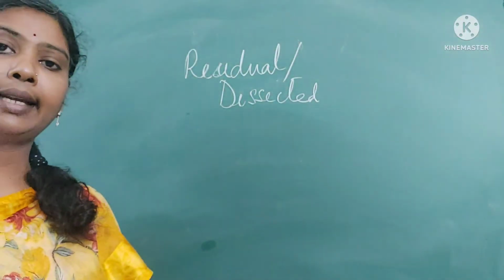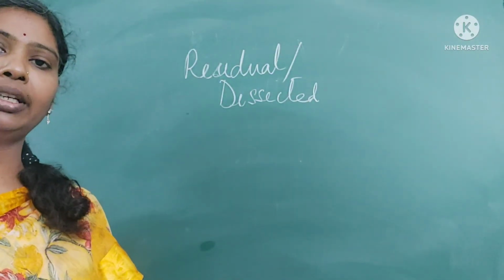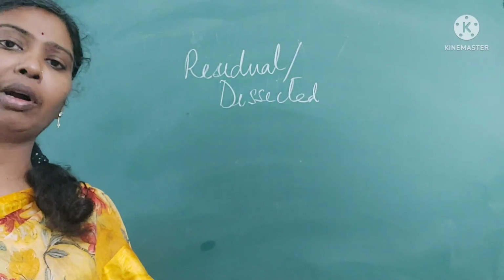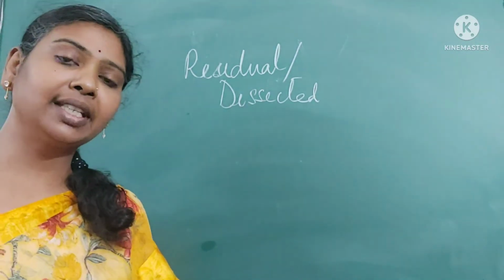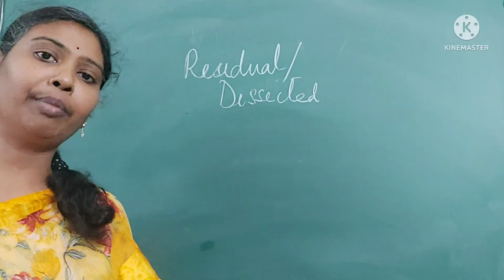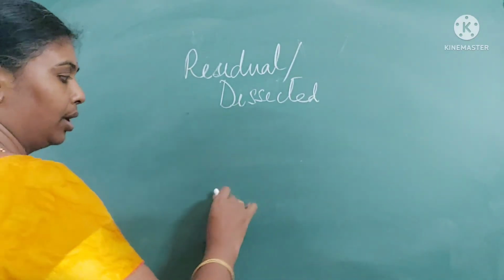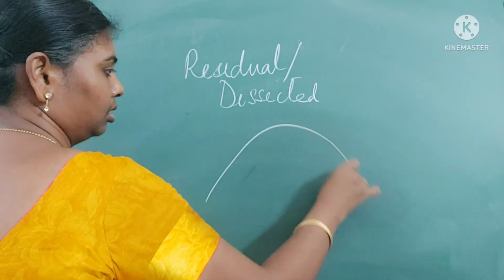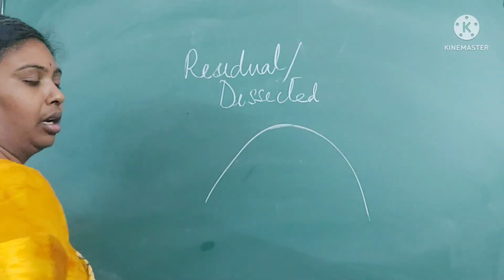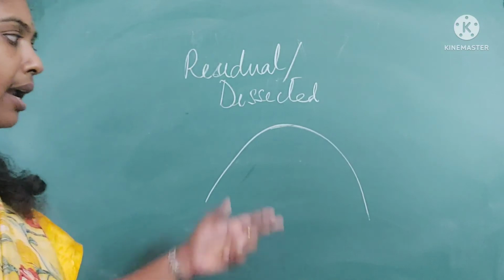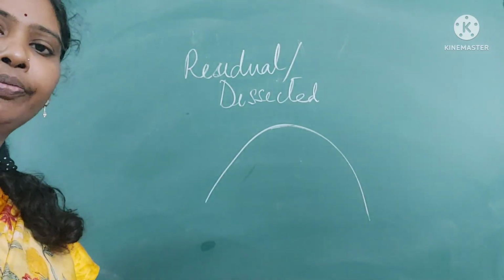Residual or dissected mountain. Just like what we have seen in the case of old fold mountains, what have we seen? They have rounded peaks and they are very smooth.